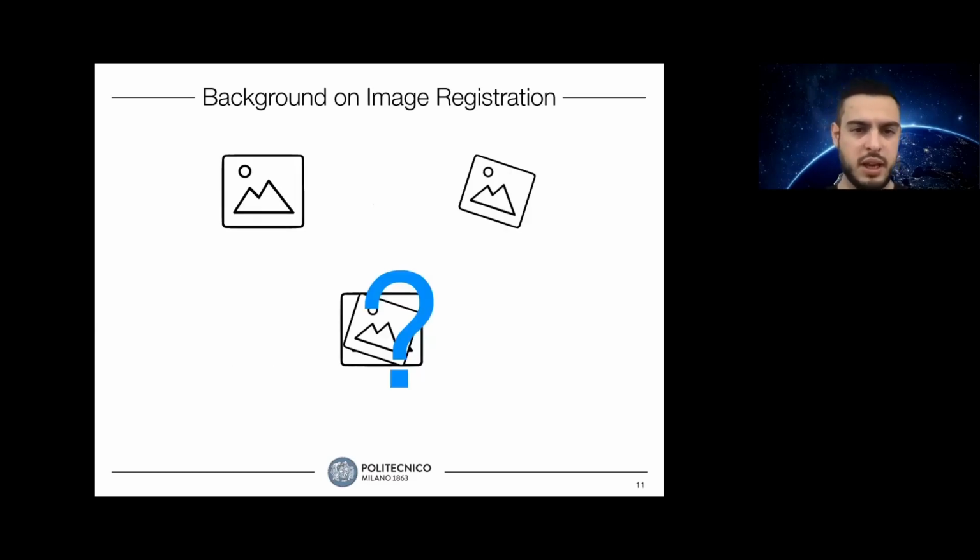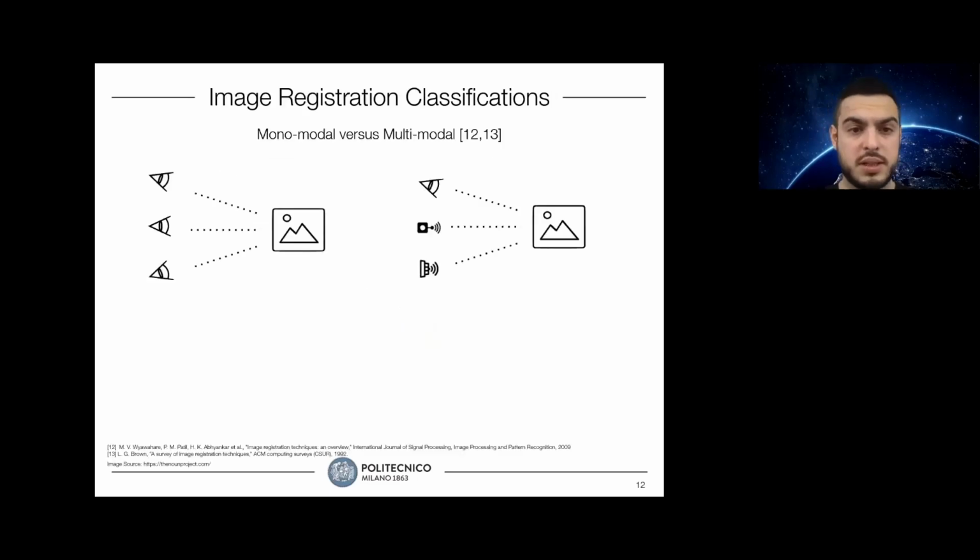But before going into the details of our proposed architecture, I will introduce you some background concepts behind image registration. This process consists of finding a geometric transformation to realign images. And within this context, image registration methodologies can be grouped into mono and multimodal.